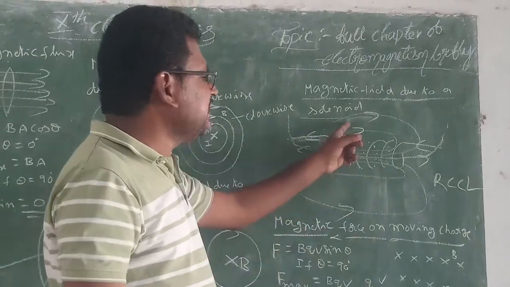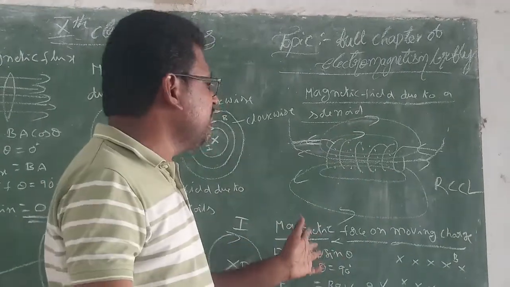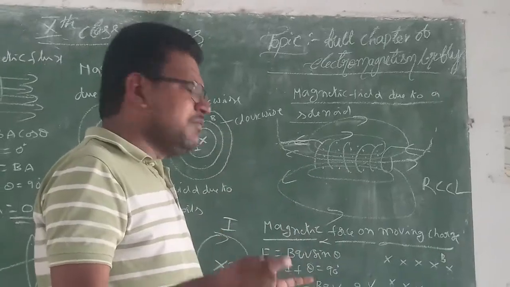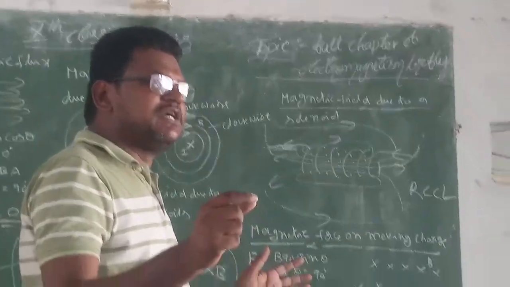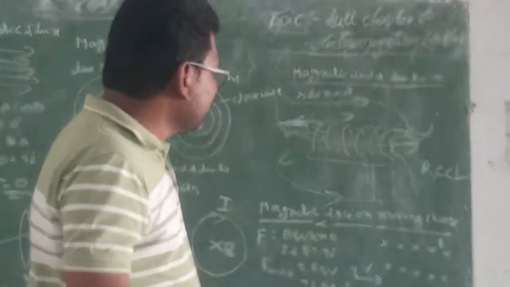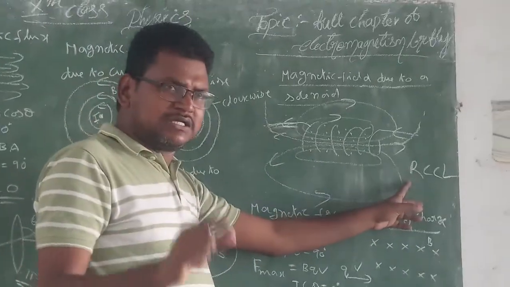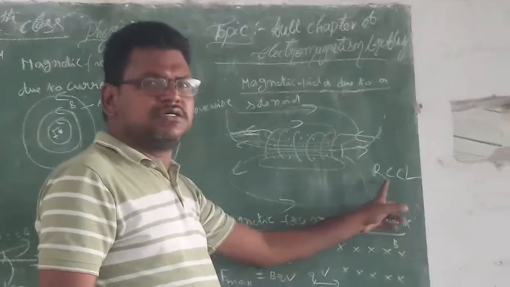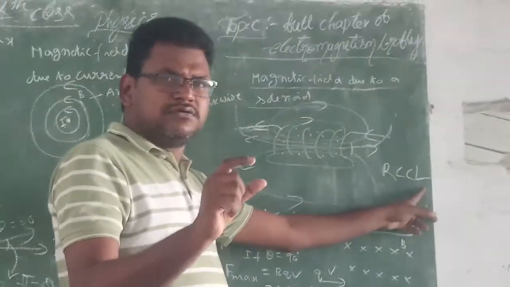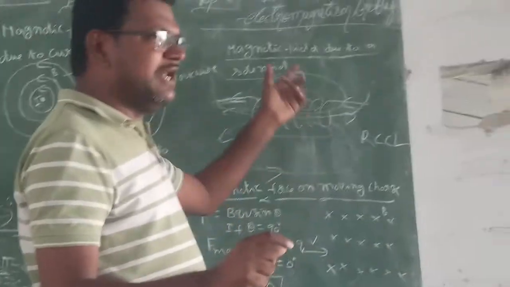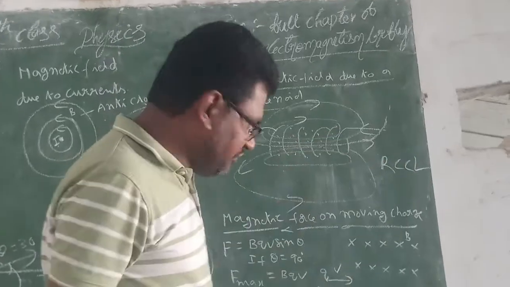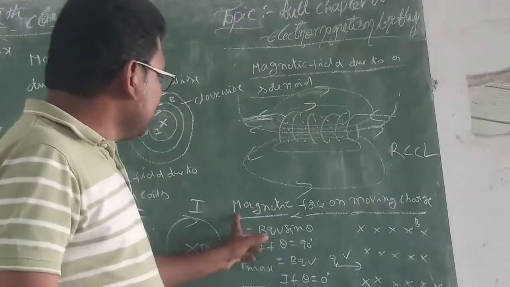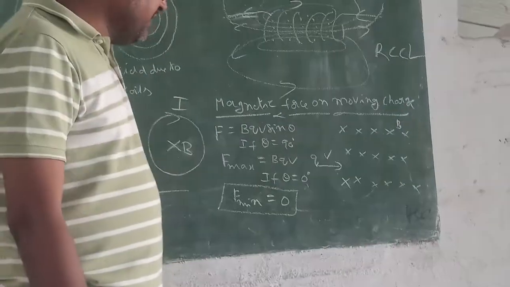That's why outside a solenoid we can neglect the magnetic field, and we take the magnetic field of a solenoid to be inside only. Here the condition is that the radius of a solenoid is very much less than its length. Under this condition, the magnetic field outside a solenoid is equal to 0. Now let's see magnetic force acting on a moving charge.